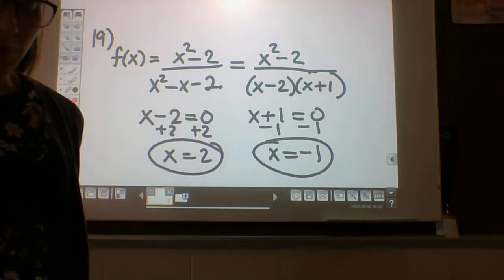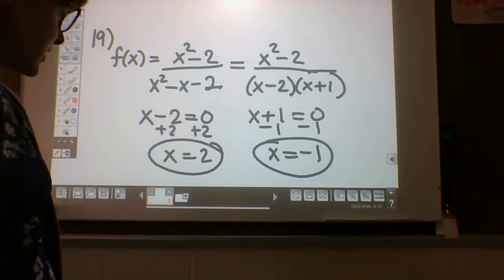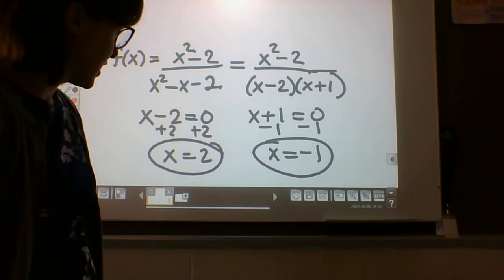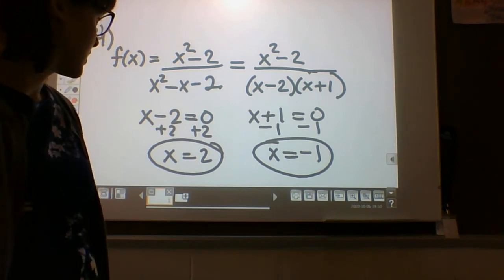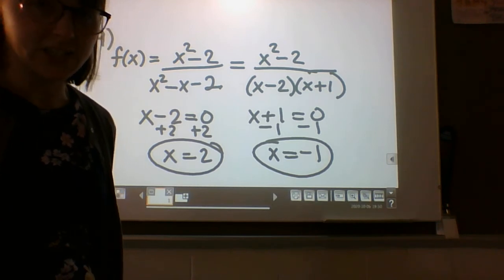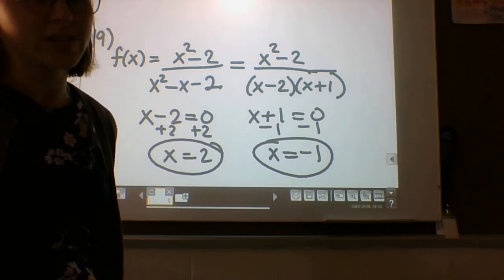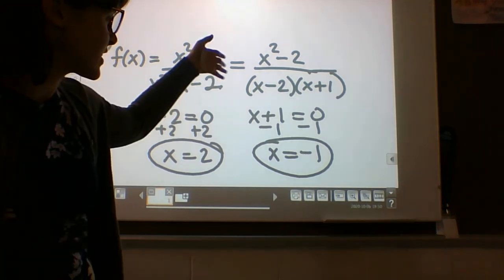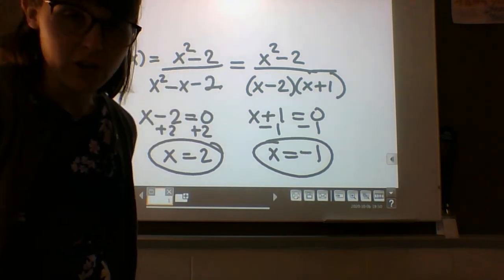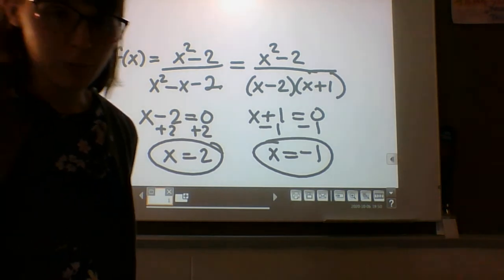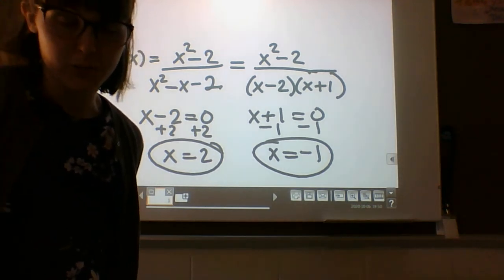Alright, so we'll have two vertical asymptotes, one at x equals 2 and one at x equals -1. Okay, so hopefully so far that's making sense, how to factor it, and then you set each factor on the bottom equal to 0 if you can't cancel anything out, and then after you solve it, those are your vertical asymptotes. Okay, so we've got one more practice problem, and then you can work on your homework.